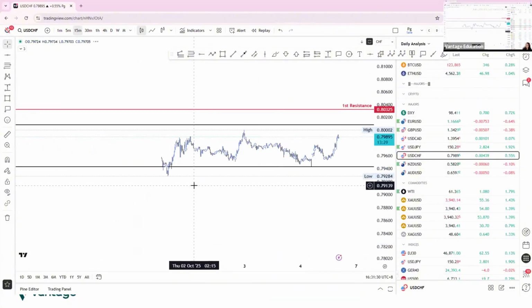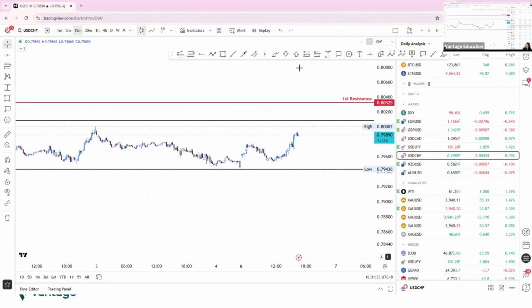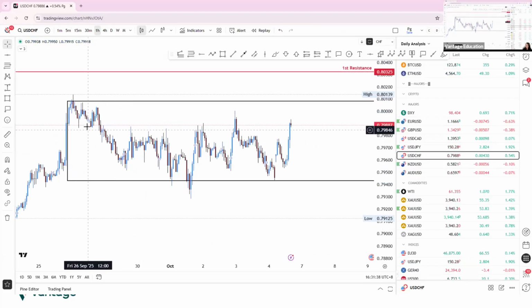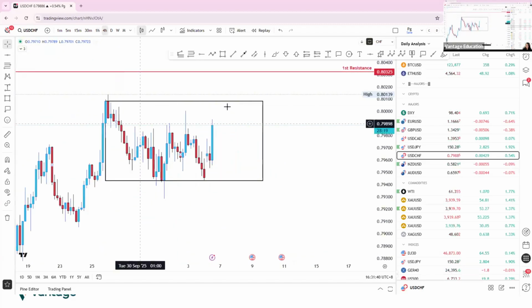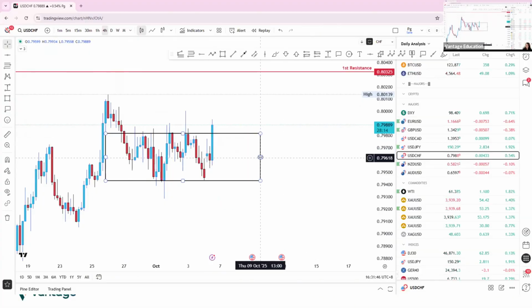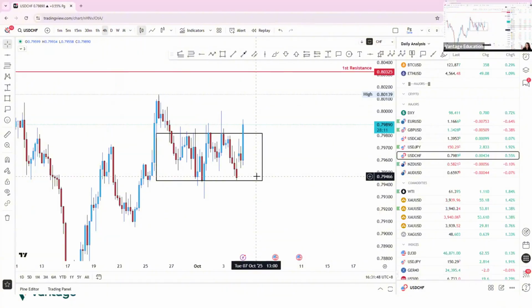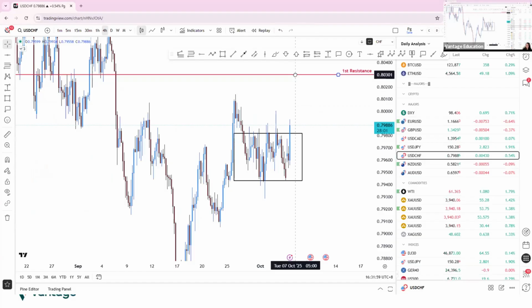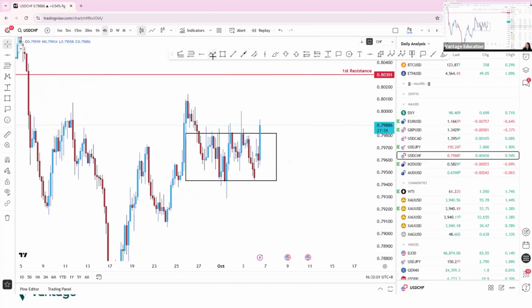Look far away. Let me go to the M15. By right, ranging here. It's not ranging here. Now the body closes. If they pull back, we can buy. Okay, we can buy up.